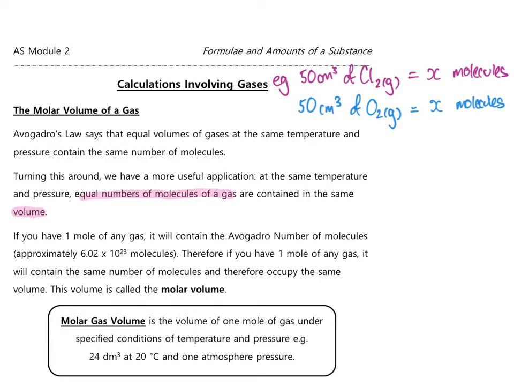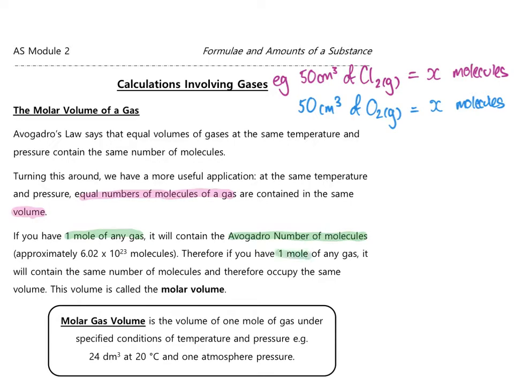But to take this even further, we know that the number of molecules of a substance is related to the number of moles of that substance, be that solid, liquid or gas or solution. But we're focusing on gases here. So if we had 1 mole of any gas, it will contain the Avogadro number of molecules, and that is 6.02 times 10 to the 23 molecules.